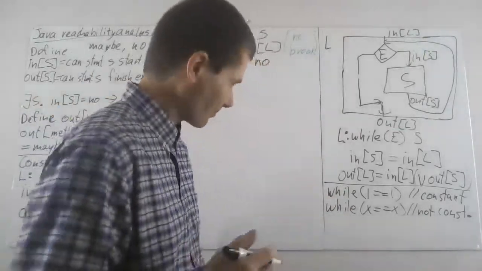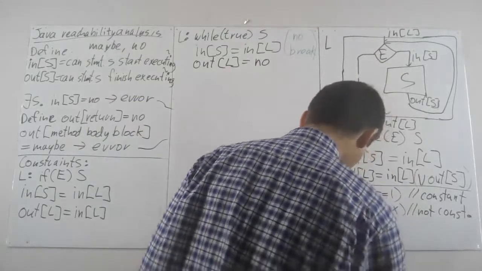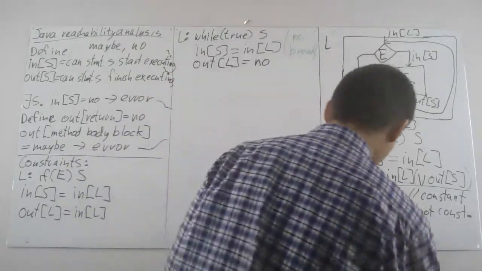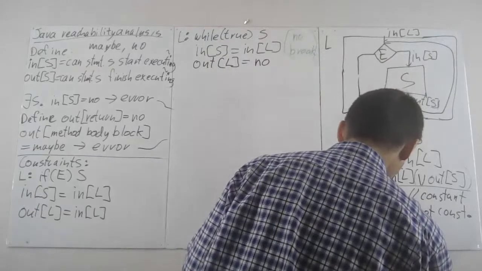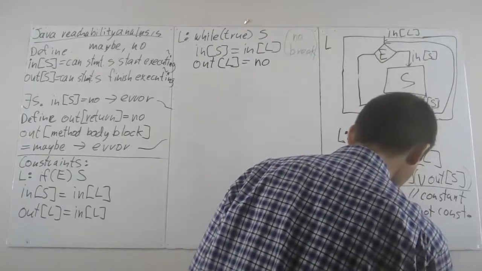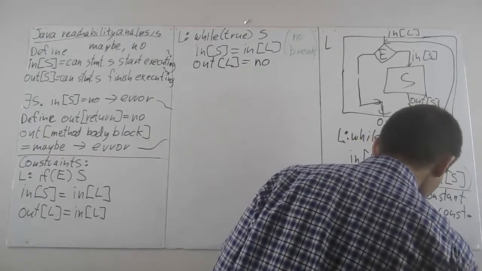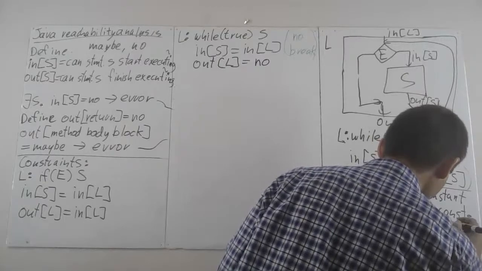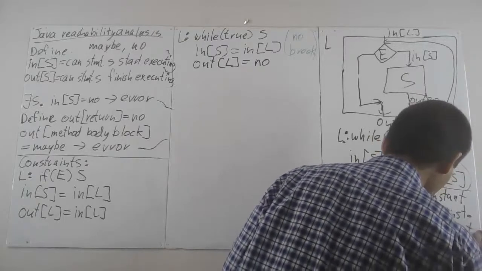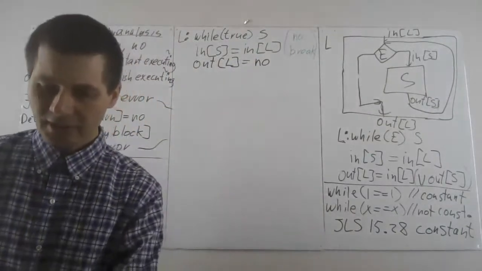And more specifically, section 15.28 specifies what's considered to be a constant expression and what is not constant.